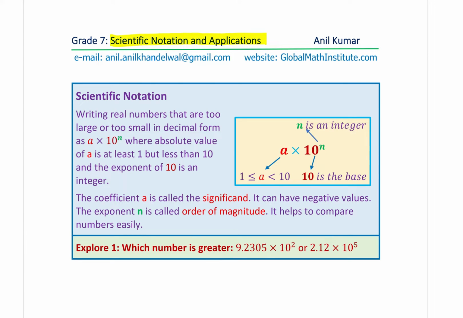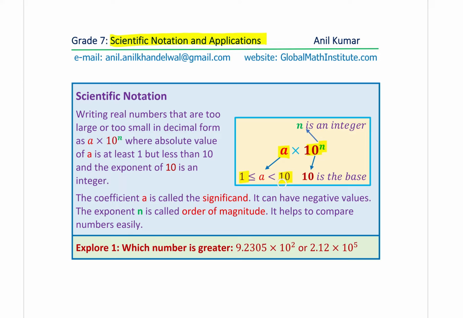To begin with, a number can be written as a times 10 to the power of something. Now, when we write in this fashion and when we make a, the coefficient of 10 to the power of n, a number between 1 and 10, where 1 is included but 10 is not included, that is to say that the number a should be greater than or equal to 1 but less than 10.